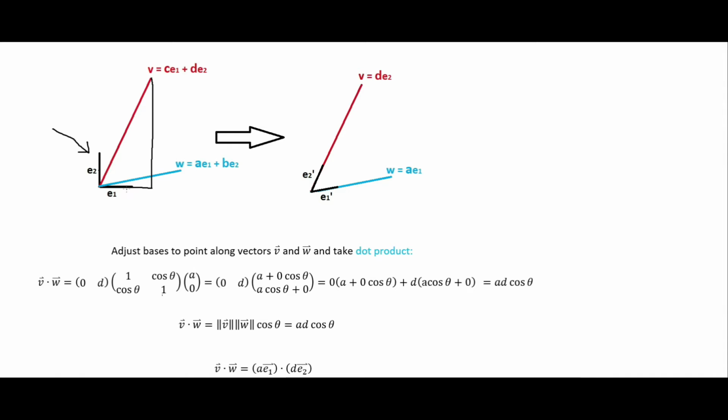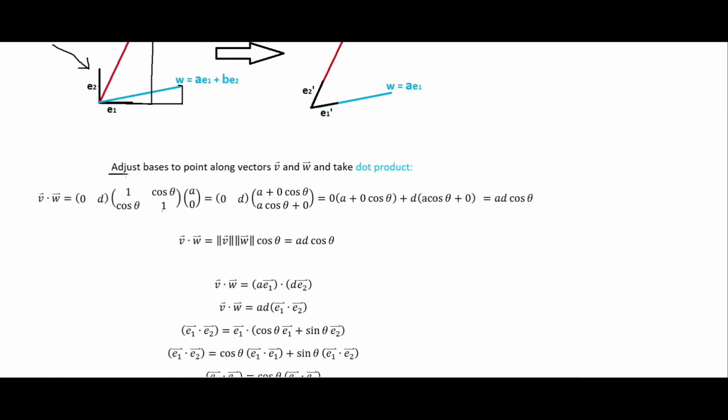Then this one is our component a times e1, and then our second component b times e2, which brings us up to here. But if we change the basis so that v is just equal to this single component d times e2, because there is no e1 part of that vector, and same with this one down here, we adjust the bases to point along the vectors v and w and take the dot product.